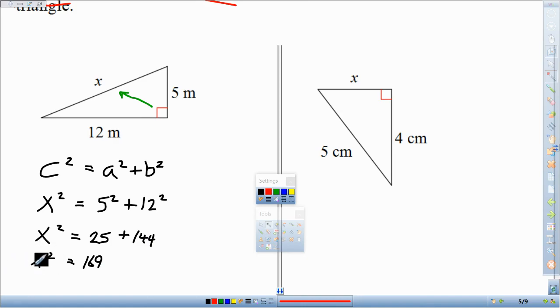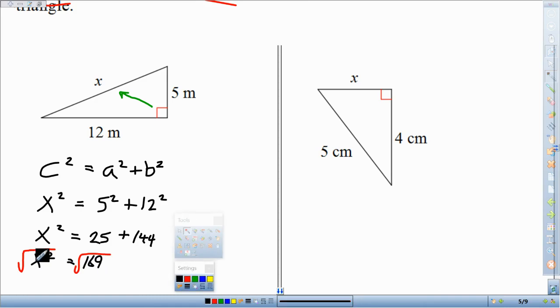Now finally we can solve for x, getting rid of that squared by square rooting both sides. They're gone. I have x equals the square root of 169. Just so happens to be another perfect square, which, by the way, remember, perfect square is just when we take the square root of a number, we get a nice clean number. The square root of 169, if you type it into the calculator, should give you a nice clean 13.